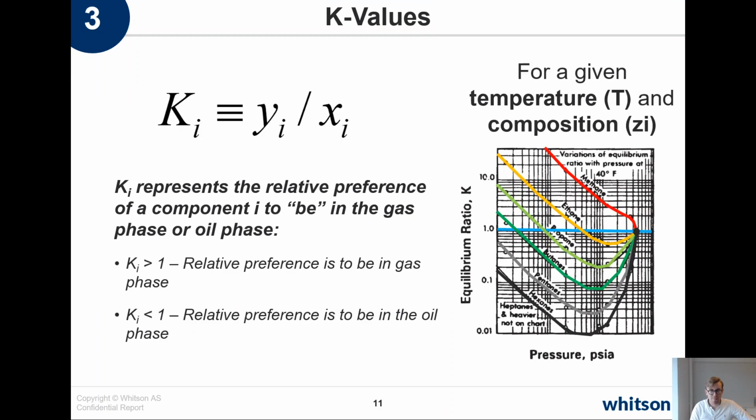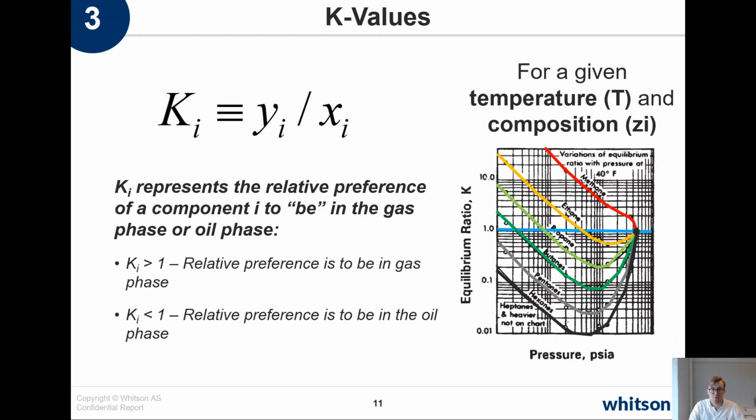The last thing that we'll talk about, and we'll also touch base on that much more later in the course because it's so fundamental for a lot of the understanding related to PVT, is k-values. K-values is just a ratio of the components that have a preference of being in the gas phase compared to the component that has a preference of being in the oil phase.